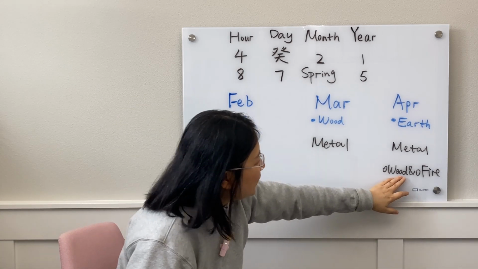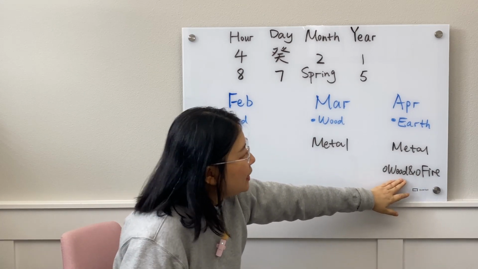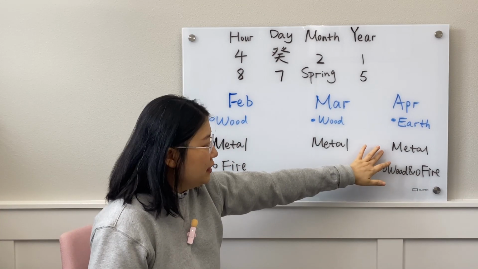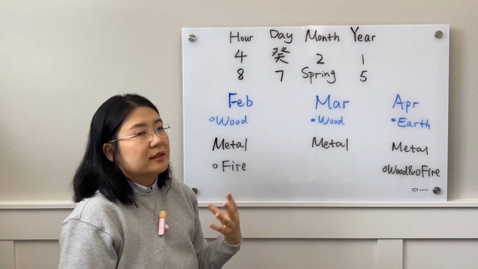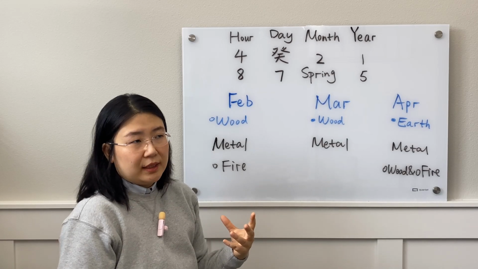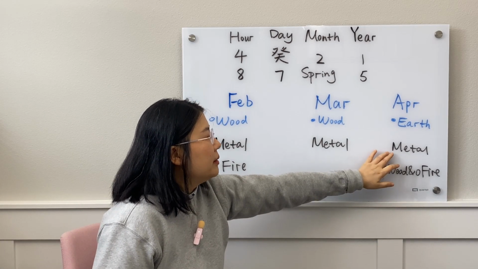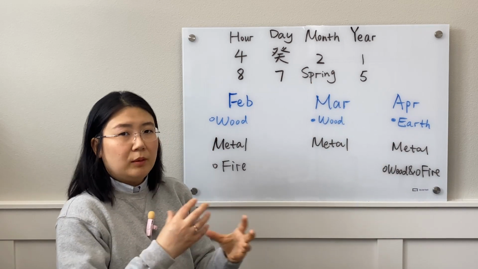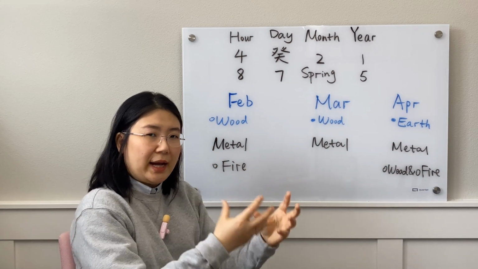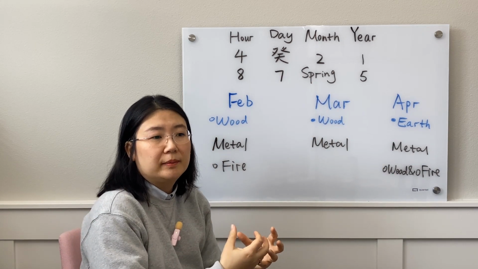And this wood and fire combination is secondary as well. It's on the condition your day master gets the support and it's not super weak. Then you might say, April, if you use so much metal and water, you're on the wet and colder scale.